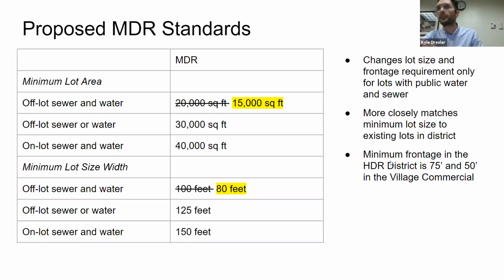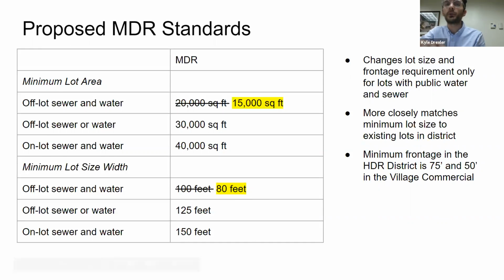This last bullet point speaks to the frontage concept. So reducing from 100 to 80, just to give some context, our high density residential district has a requirement of 75 feet of frontage, and our Village commercial downtown district has a frontage requirement of at least 50 feet.